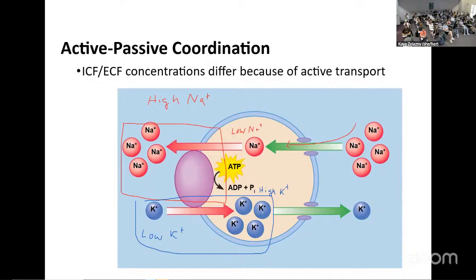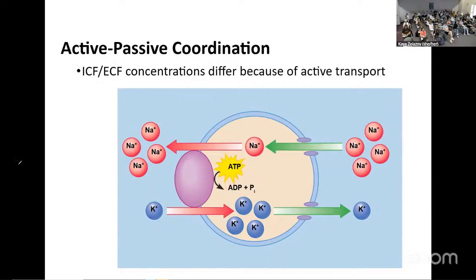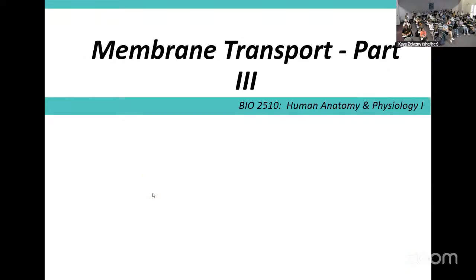Sorry, for sodium, but if we were focusing on potassium, we'd be moving from the inside of the cell, the intracellular fluid with lots of potassium, to this area where we have lower potassium outside the cell. So both of these as drawn would be passive transport of sodium and potassium with those green arrows, and then our primary active transport happening with that sodium potassium pump on the other side. So these things work together.